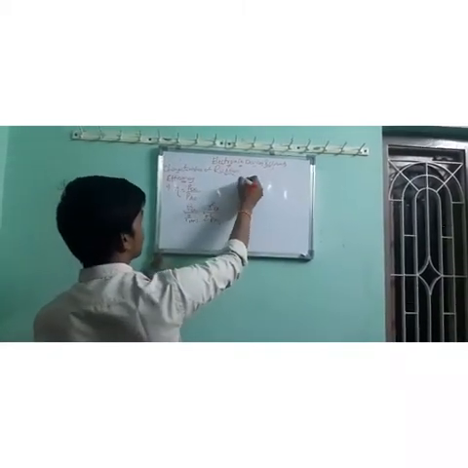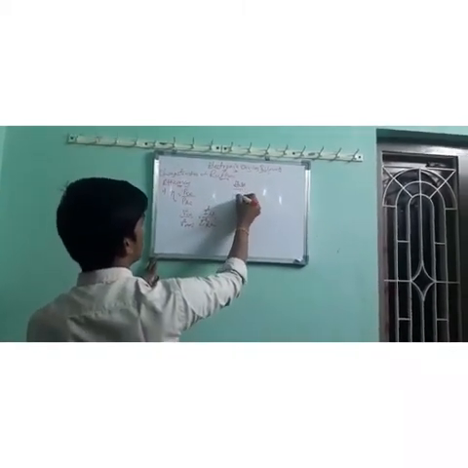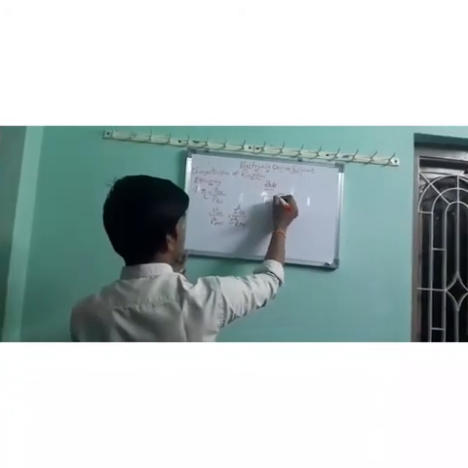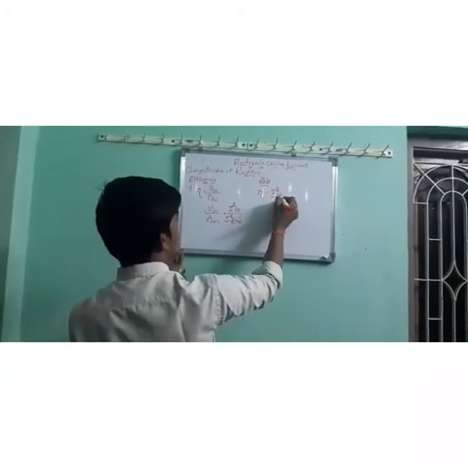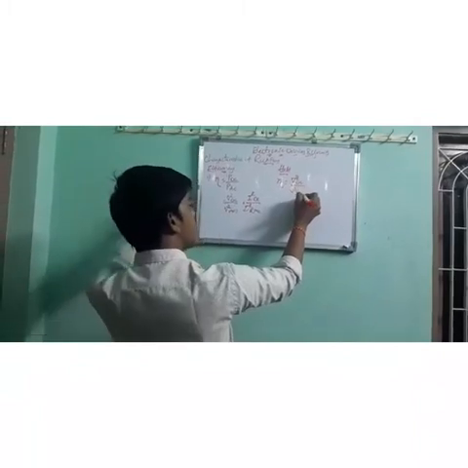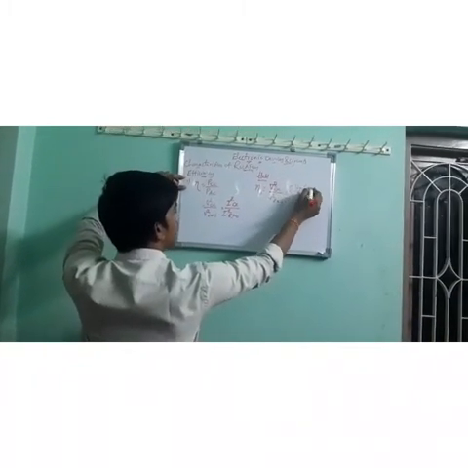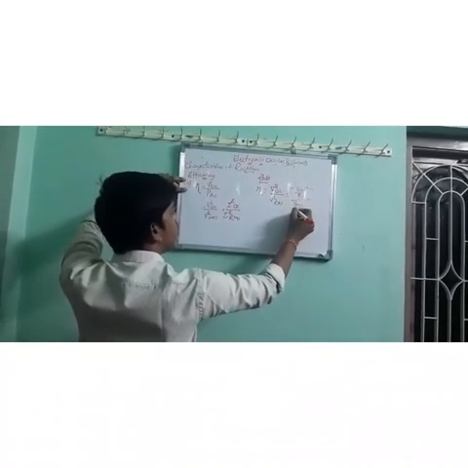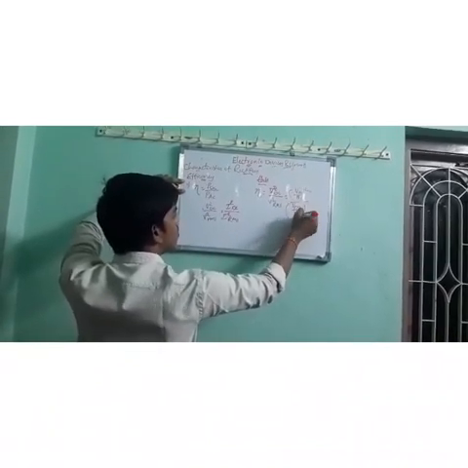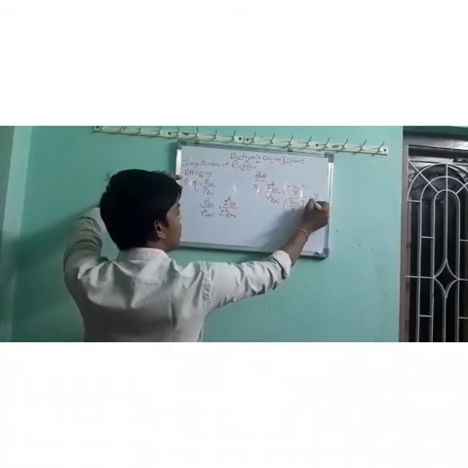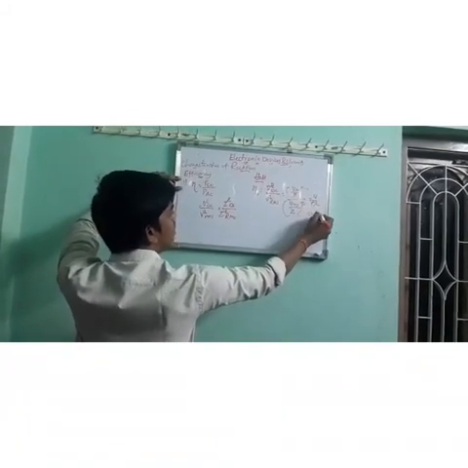For the half wave rectifier, eta is equal to V square DC by V square RMS, which is Vm by pi whole square by Vm by 2 whole square, equal to 4 by pi square. It is approximately equal to 40%.